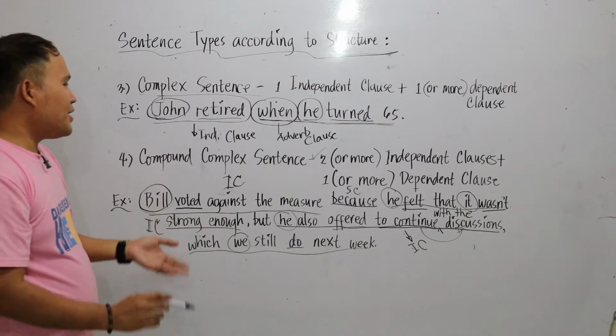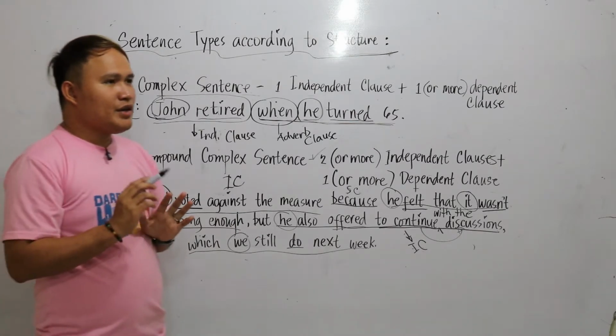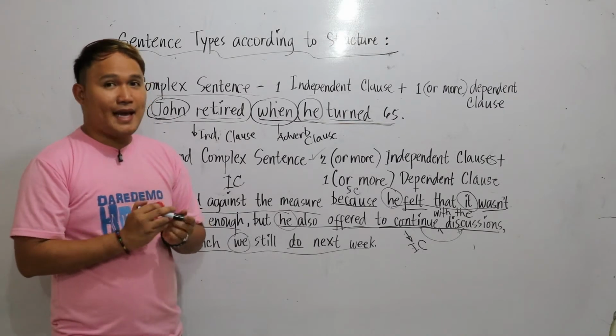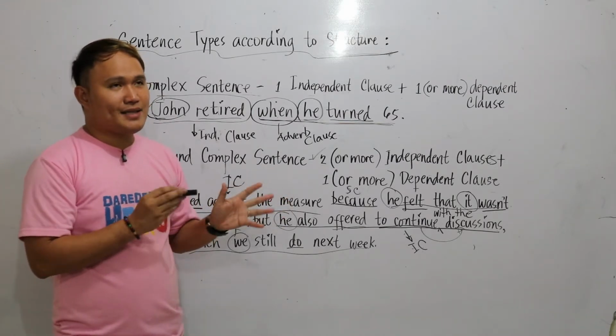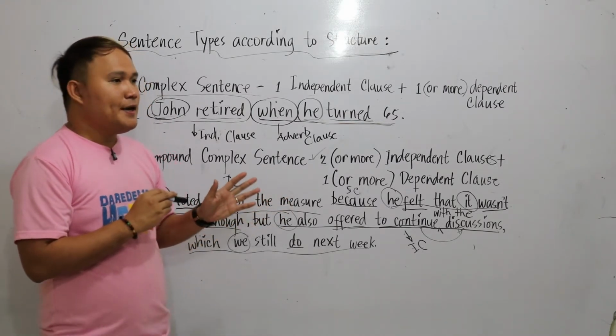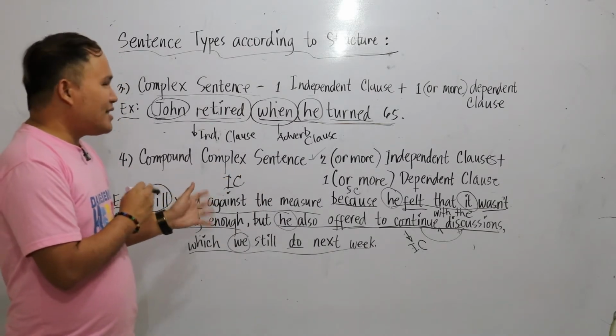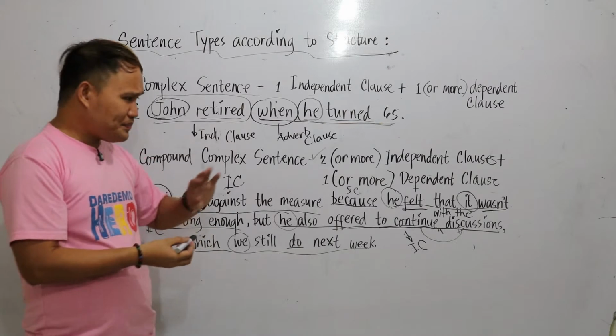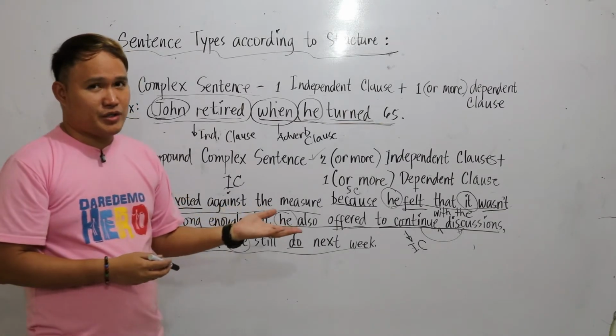Okay, so there you have it. Another notion that we can say that this sentence is a compound complex sentence is once that sentence is composed of a lot of subordinating conjunctions.